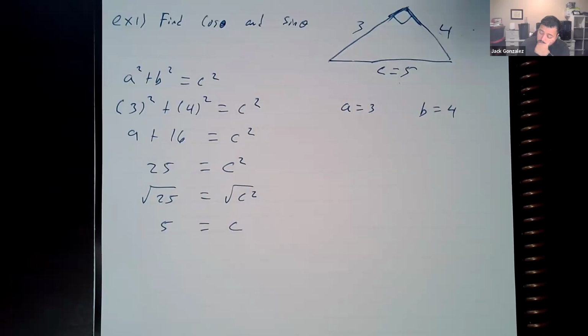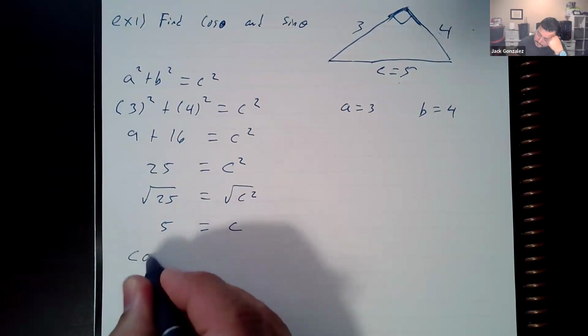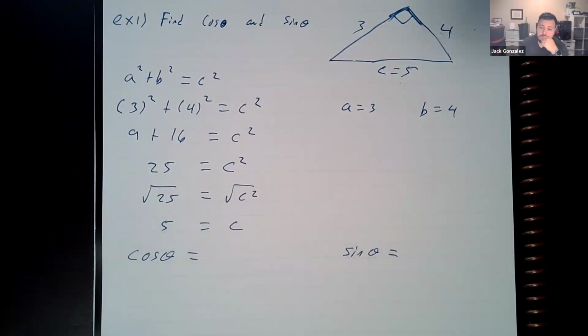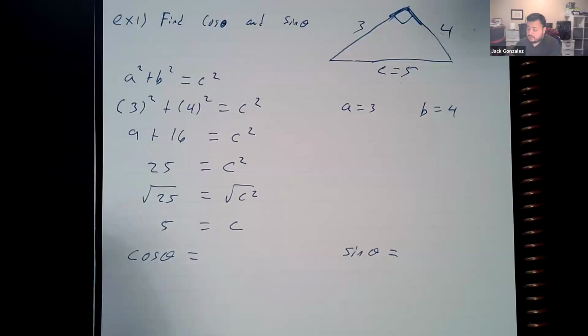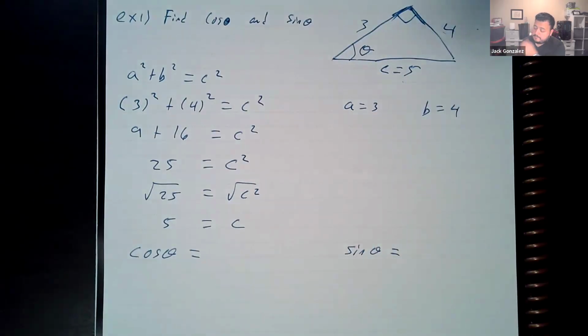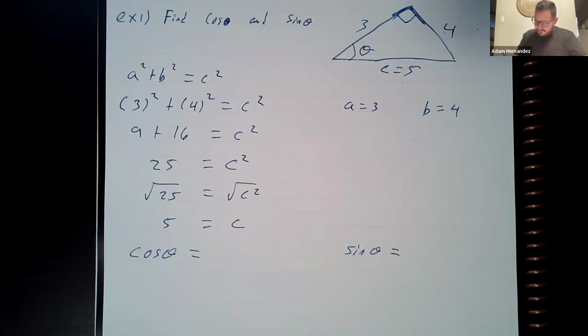Okay, so we have 3, 4, 5. So now what is cosine? What is sine? They gave us a theta here, because we need to know where the theta is before we answer. What do y'all think? What's cosine theta?